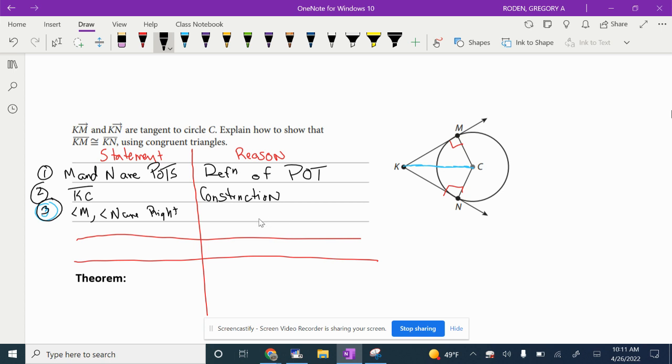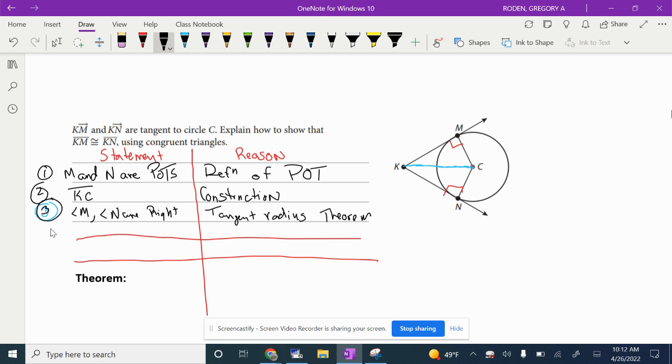Maybe we'll call it the tangent radius theorem. So we can say that angle M and angle N are right angles because we have radii hitting points of tangency. Very good, Tess. Well done.